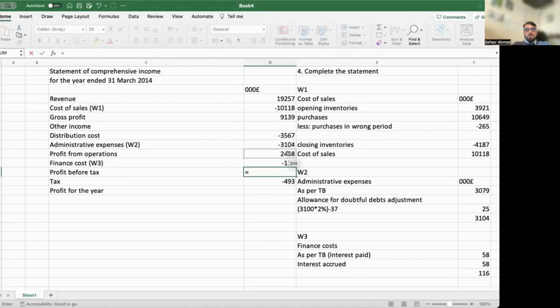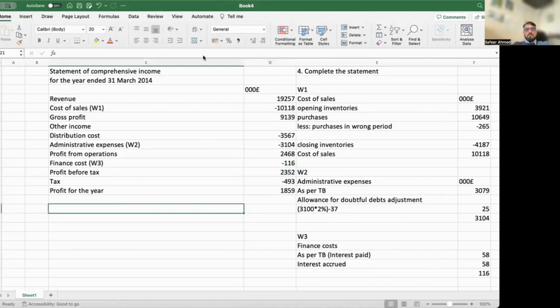And then profit from operations minus finance cost gives us profit before tax. And then profit before tax minus tax gives us profit for the year. But this is not a complete statement of comprehensive income. This is the statement of profit or loss part of the statement of comprehensive income.